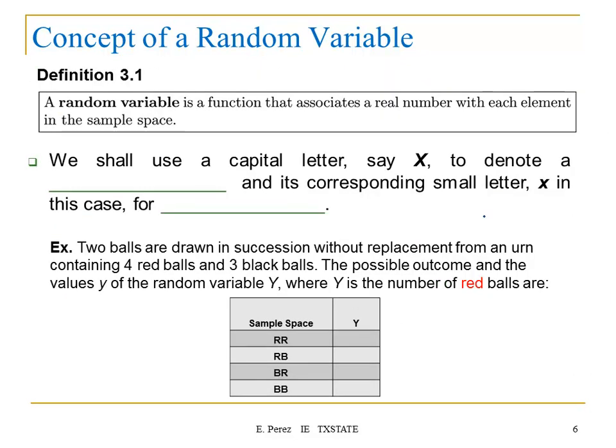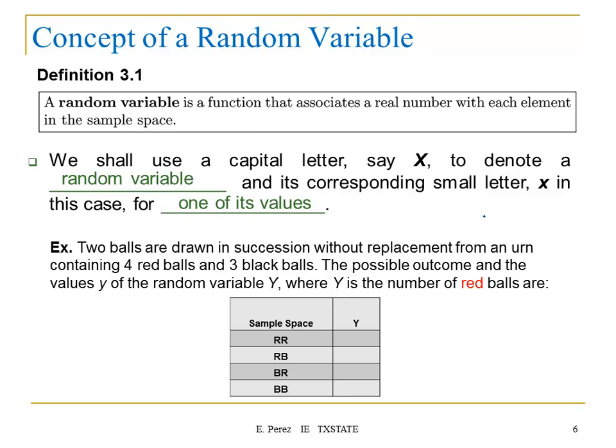Okay, so a random variable is a function that associates a real number with each element in the sample space. In order to have a notation for this random variable, we shall use a capital letter, say X, to denote a random variable, and its corresponding small letter, say small x, for one of its values.